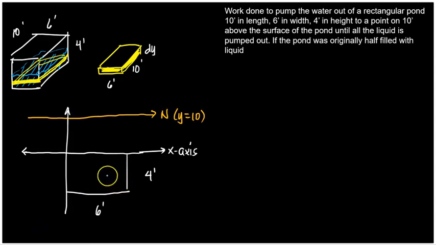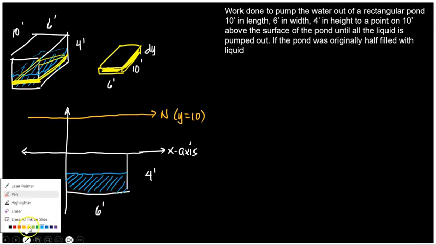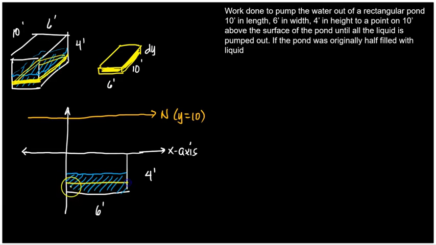So let's shade the portion that is filled with liquid. It's originally just half filled with liquid. So let's shade half of it. And then let's draw the representative element. I need to pump out all of the liquid from the pond, but then originally it was just half filled with liquid. Let's draw the arrow where I need to pump it to from this point to that point.